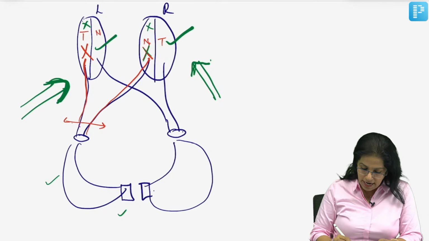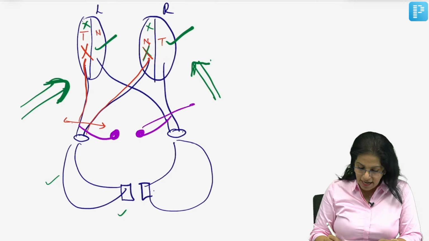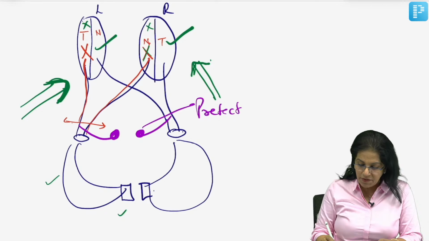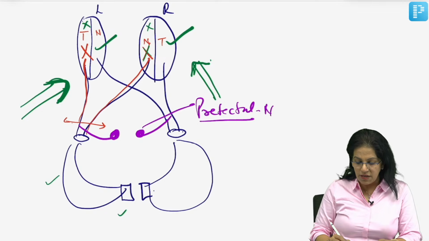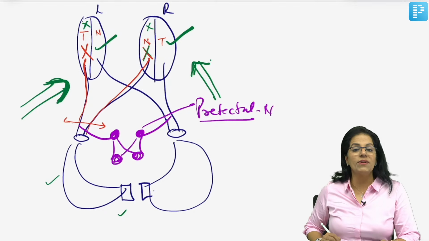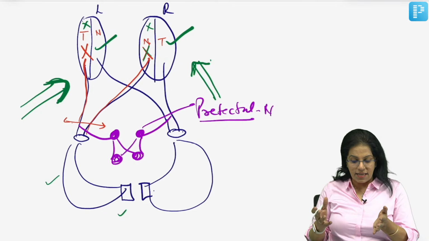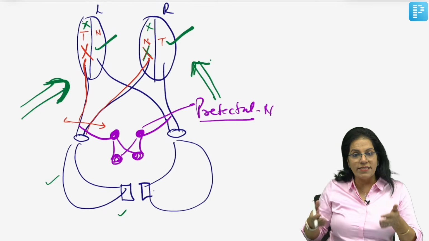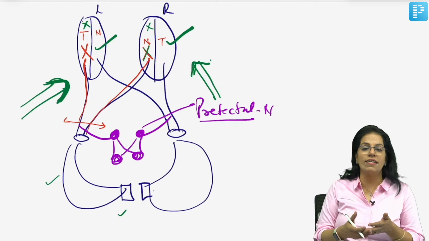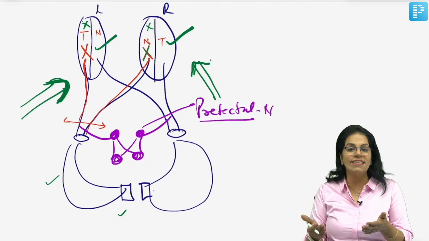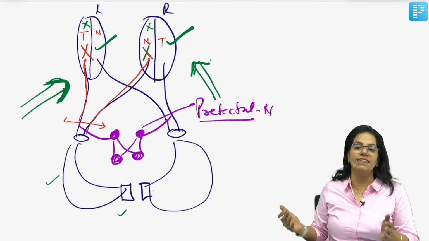From the tract it is going to the pretectal nucleus, and from pretectal it will go to the Edinger-Westphal nucleus. Let me draw it, no problem. You remember this or not? That means because the pathway is not going down, this is the reason that you do not get hemianopic pupil in radiation and cortical lesion.